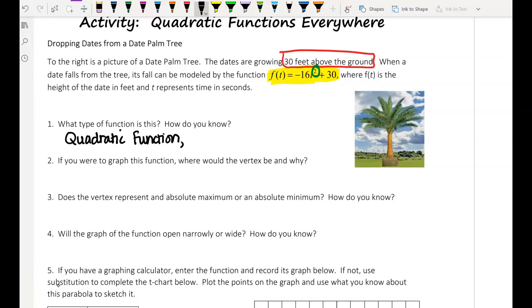And how do we know that it's a quadratic function? The degree of the greatest term is 2.